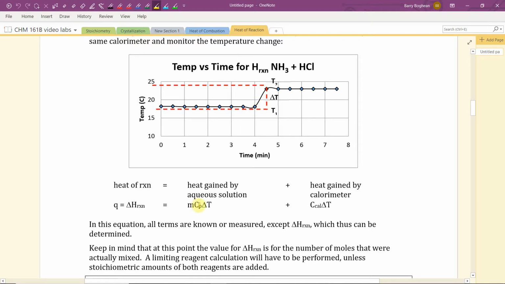The heat capacity of the solution will be a dilute solution of ammonium chloride. Its heat capacity will be essentially no different than that of water, and the temperature change delta T. For the calorimeter, it'll be the temperature change for the calorimeter, which is the same as the water, and the heat capacity of the calorimeter, which we calculated previously.